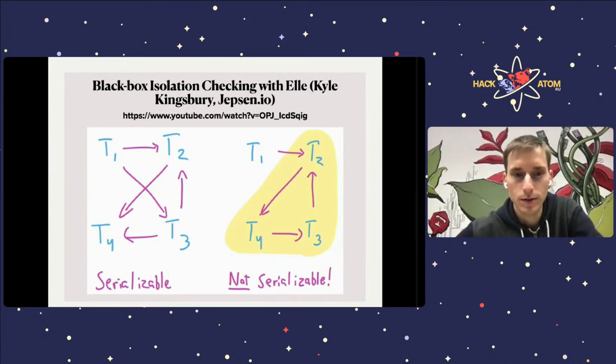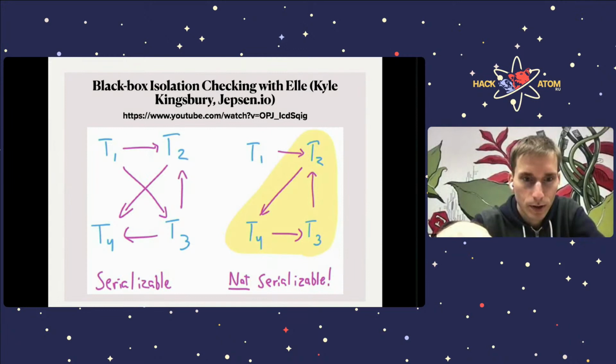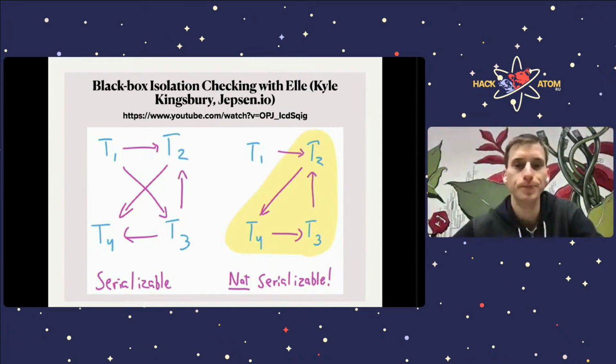The first case: T1, T3, T2, and T4. So this is the path that is logical.